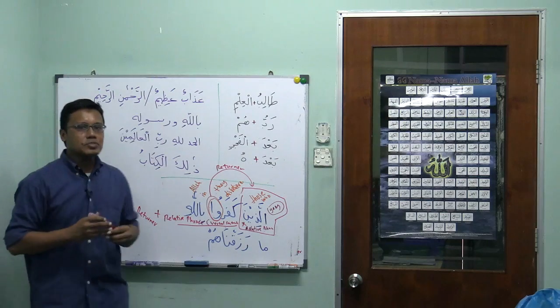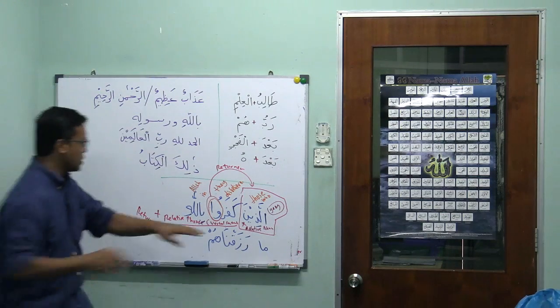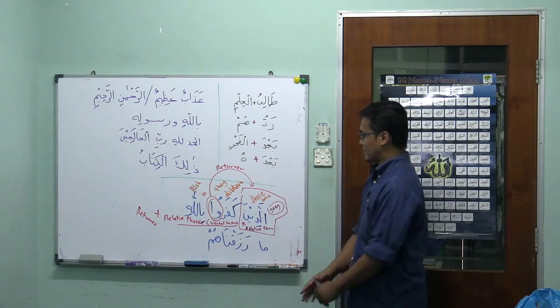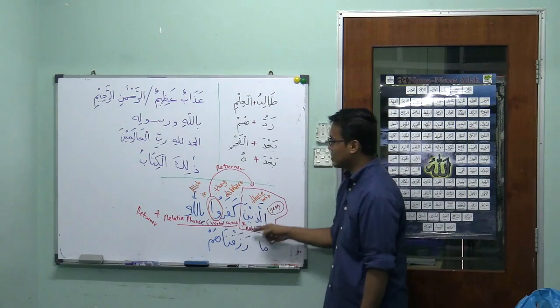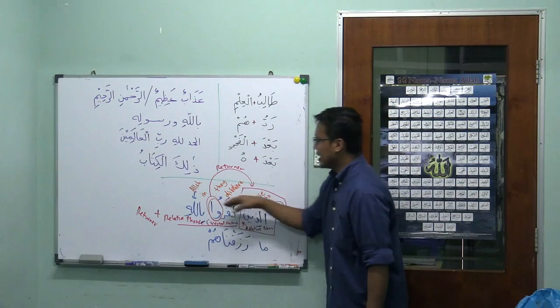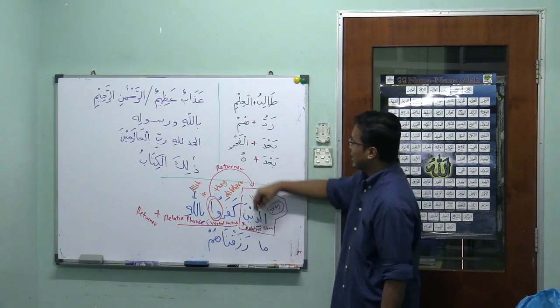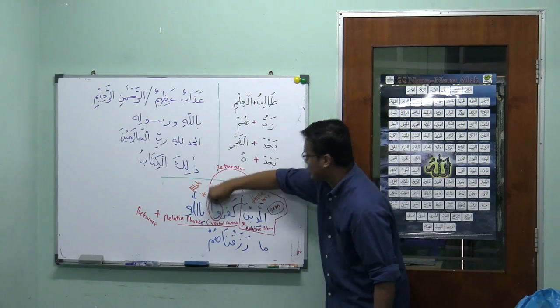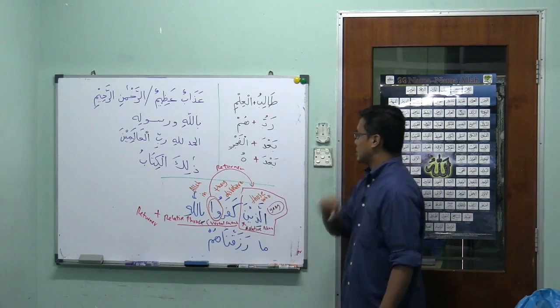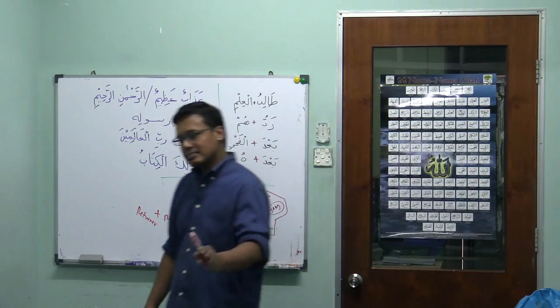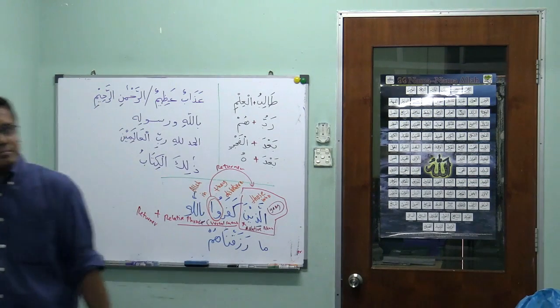So whenever you see a relative noun, that means there is a relative structure. You would find the verbal sentence after it, called the relative phrase, and there will be a subject there which returns to the relative noun, which is alladhina. It's as straightforward as that.